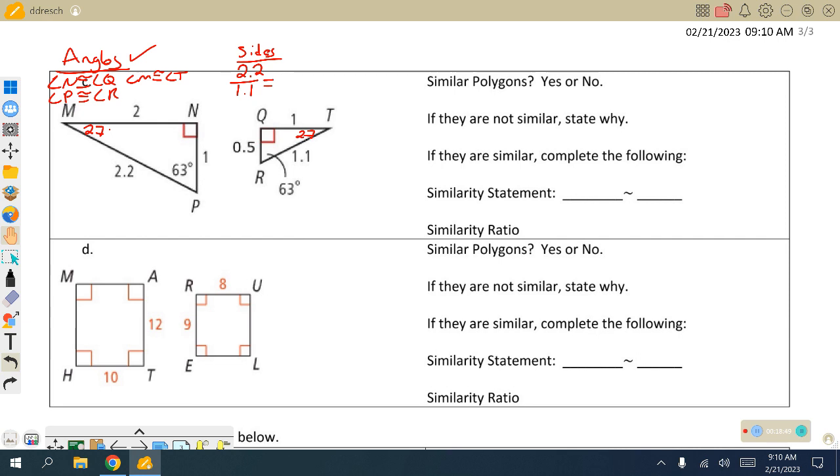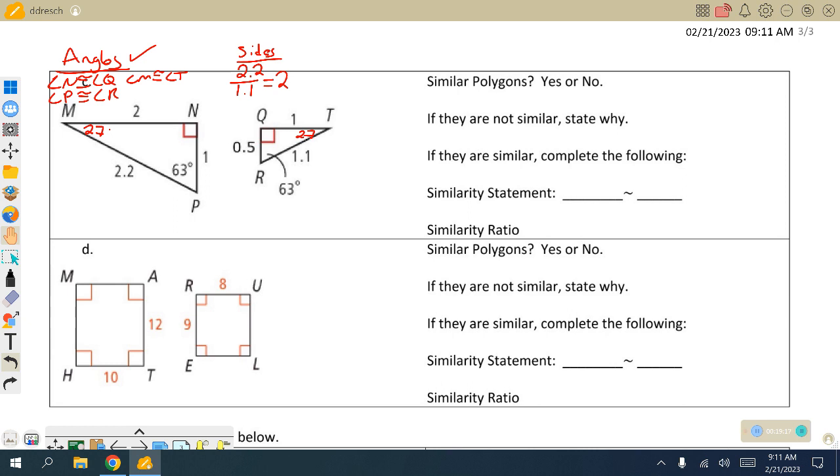So go to your calculator and type that in and reduce that. You always reduce these fractions to compare your ratios. So what's 2.2 divided by 1.1? Reduces down to 2. Okay. So I'm looking for everything to have a ratio of 2. Go pick another side, match up the next corresponding sides.